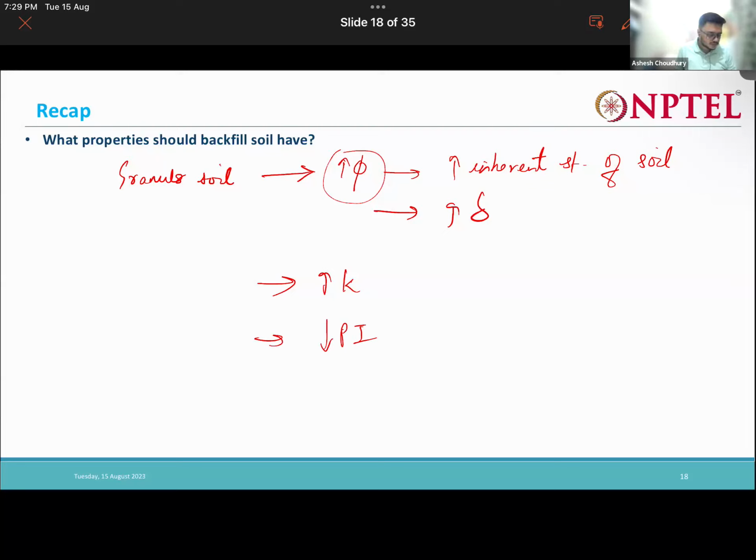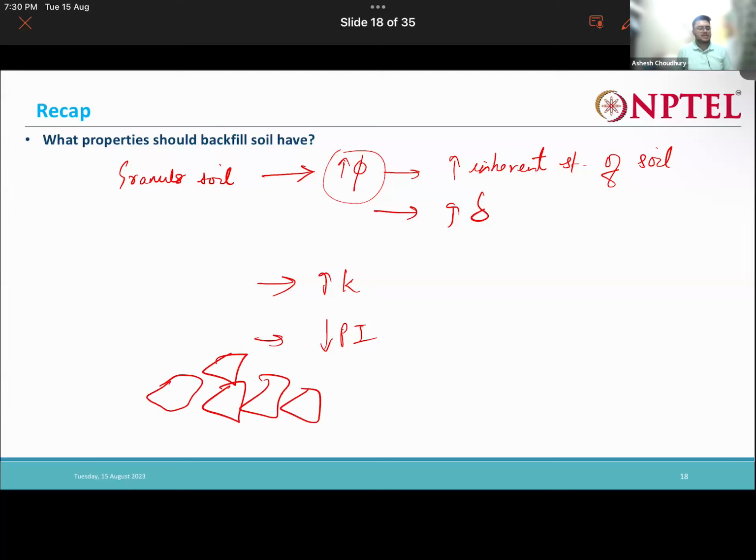But there should not be the case that you bring highly angular, large blocks of aggregates and put that as backfill soil. You cannot do that. That's why there is also an upper limit. If you put heavy big blocks of stone or rocks, highly angular, that is just going to damage the reinforcement.